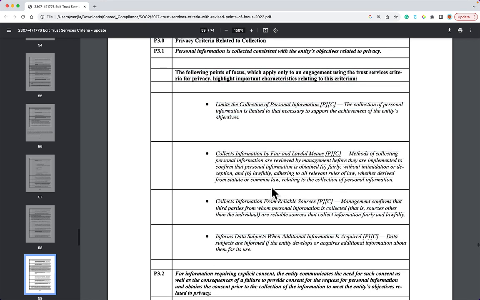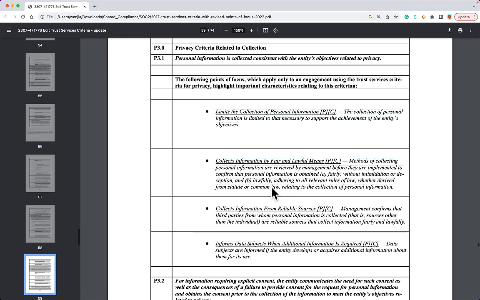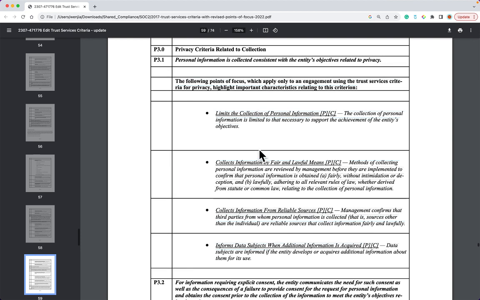So this principle is focusing on collecting personal information. Like all the rules on how to collect information should be aligned with the entity's privacy related goal. The entity should only gather the personal information that is necessary for its goals.